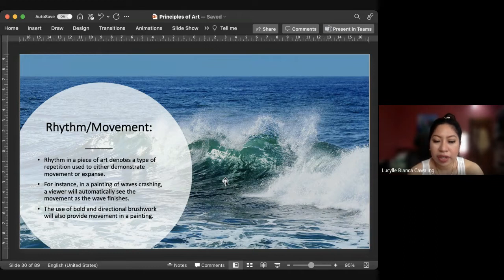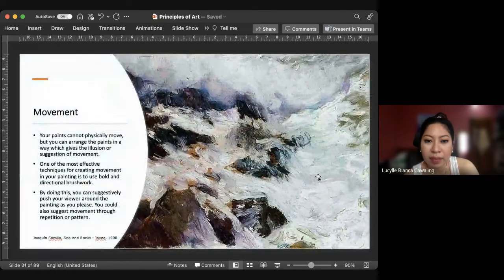So, for example, the painting of waves crashing, the viewer will automatically see the movement as the wave finishes. So sometimes the use of bold and directional brushstroke will help the painting, and then most of the time it will see some movement in the painting.